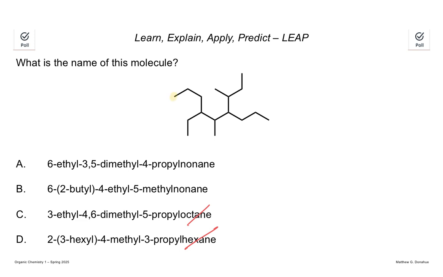I'm going to highlight. So that's 1 carbon. 2, 3, 4, 5, 6, 7, 8, 9. And I think we can go another path that gets us 9 as well.